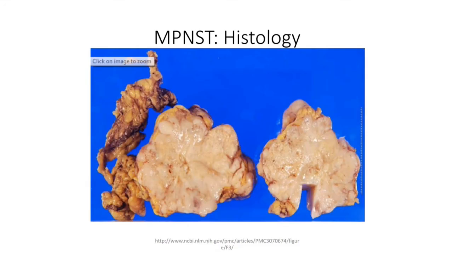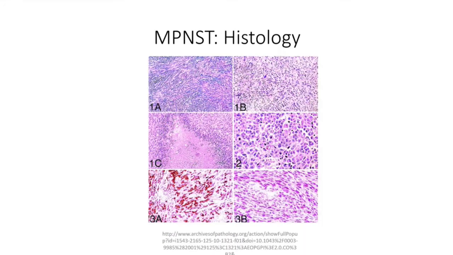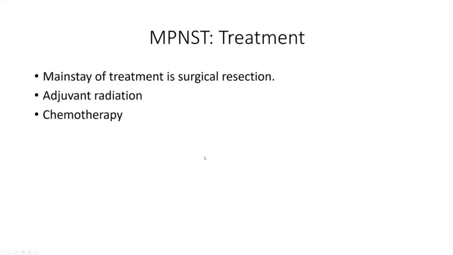Another picture of a gross specimen here. And then histology on these tumors, what I think about is there's increased cellularity, there's atypia, and then there's necrosis. So you can see that on 1C. Again, kind of what we think about with GBMs.